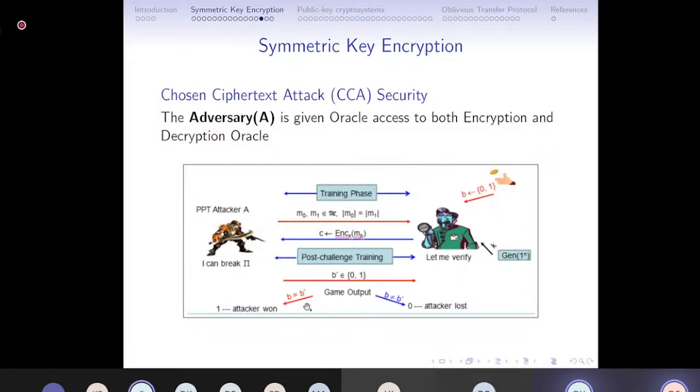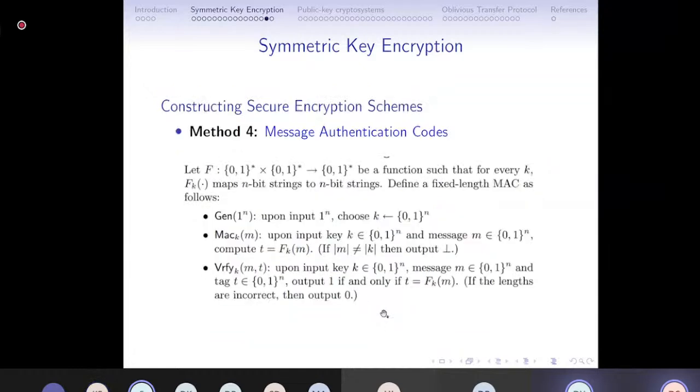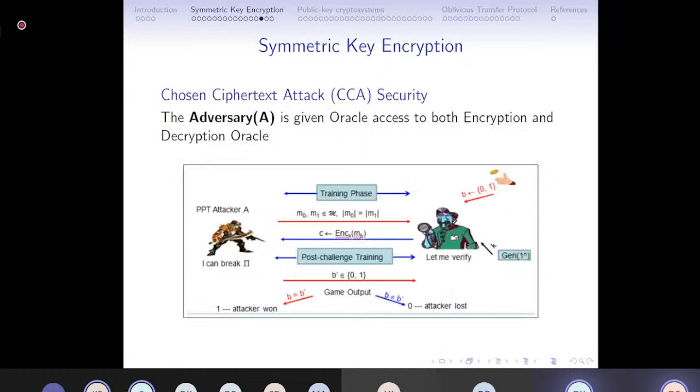If both b', which is guessed by the adversary A, and the value b, which is chosen by the challenger, are equal, that means the attacker wins the game. Otherwise, we say that the attacker has lost the game. So this is the actual meaning of the chosen ciphertext attack.